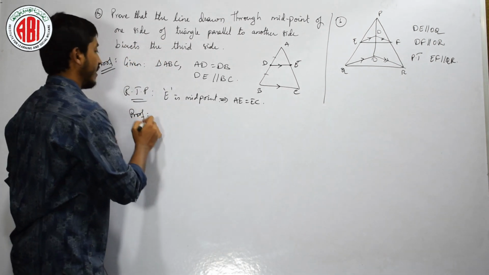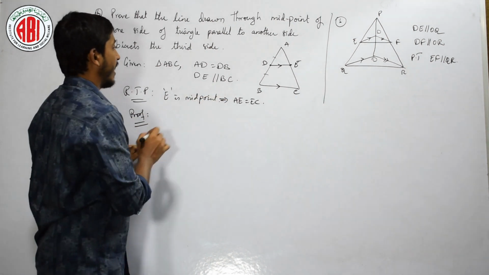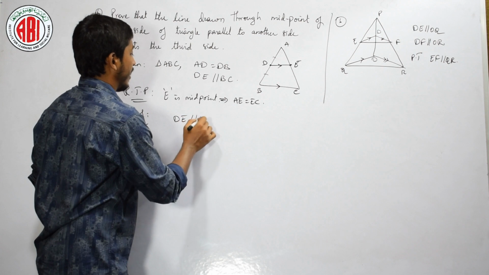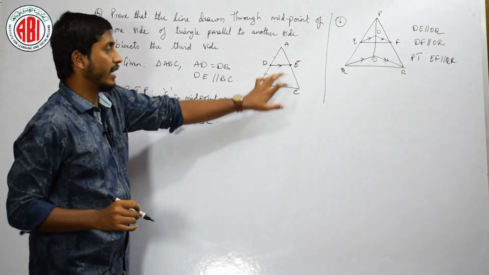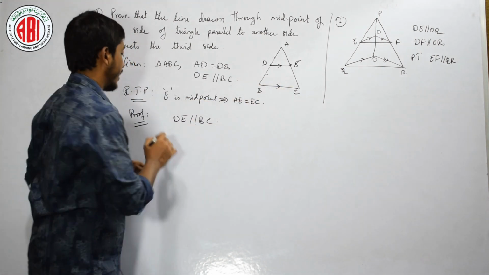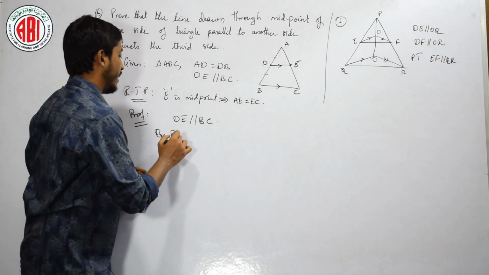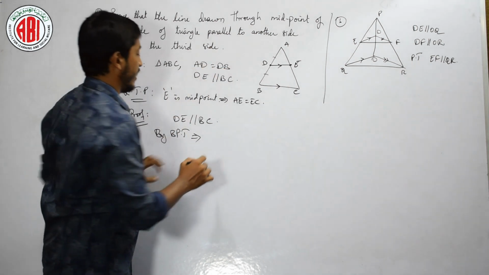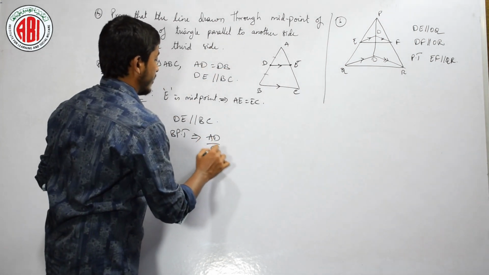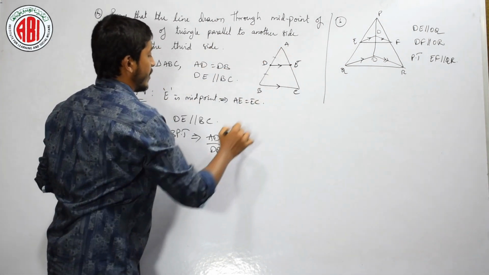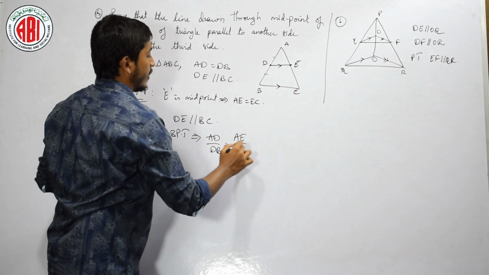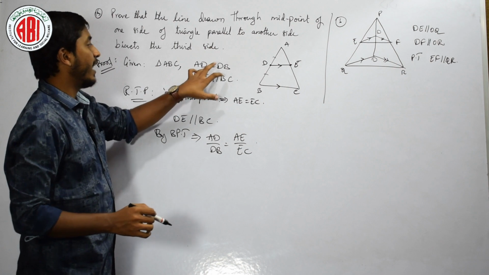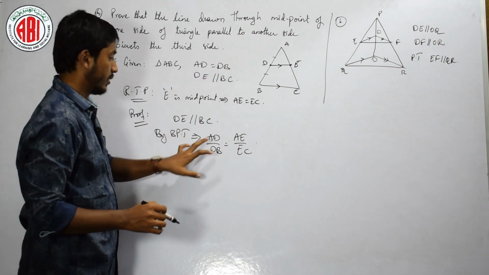Proof: see here, in triangle ABC, given that DE is parallel to BC. Therefore, by BPT, what is the condition? AD by DB is equal to AE by EC. Isn't it? Yes or no? And we know that AD is equal to DB, right?